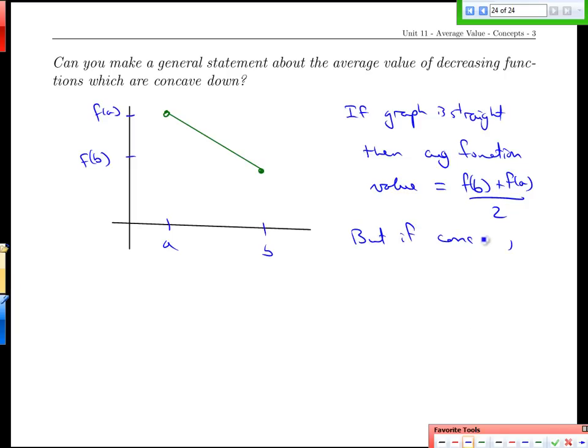But if it's concave down, then the function has to be a slower slope to start with, in other words, above the line, and bends down later to that point there.